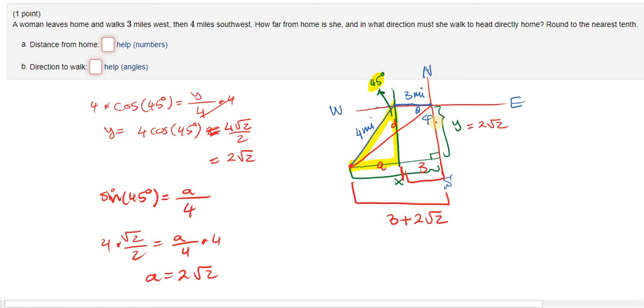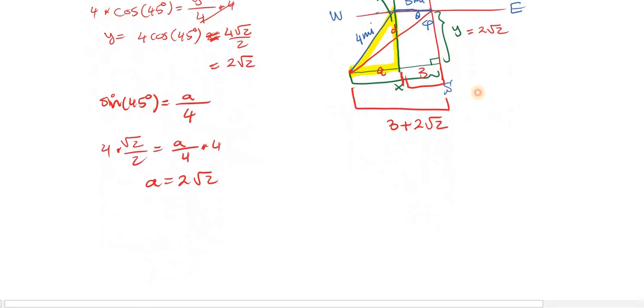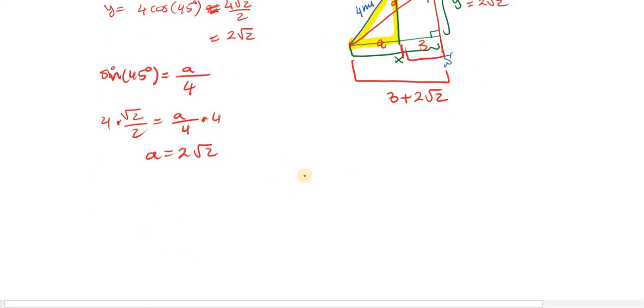Okay, now I have the adjacent to phi, and I have the opposite to phi. I can use the Pythagorean theorem to find d, because I know both lengths now. Using the Pythagorean theorem, d squared is equal to 3 plus 2 square root of 2 all squared plus 2 square root of 2 all squared, which is x squared plus y squared.